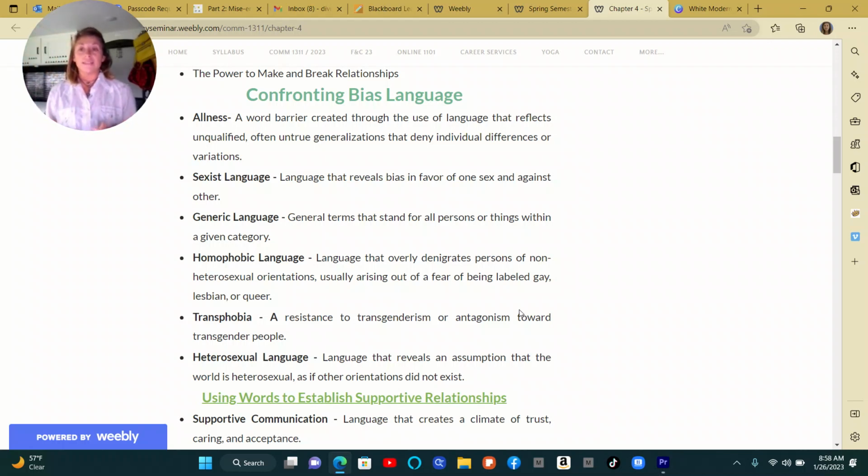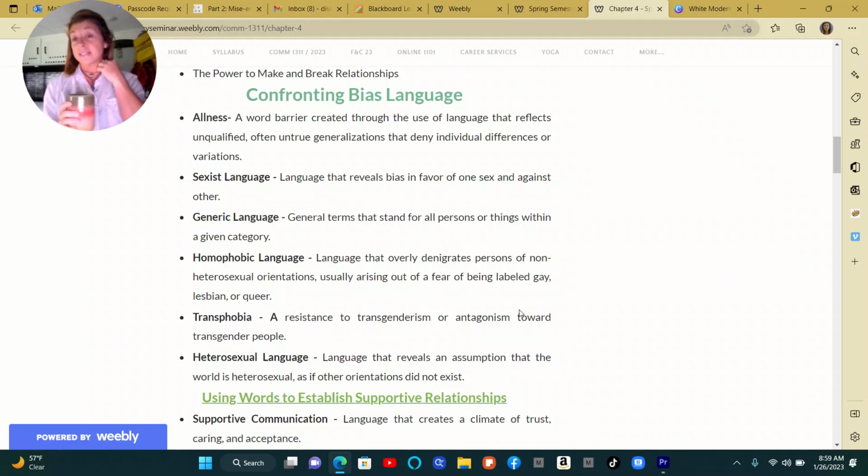So allness is a word barrier created through the use of language that reflects unqualified, often untrue generalizations that deny individual differences or variations. So there's an allness to the concept, and people just assume that allness is what it is. It creates an all-inclusive way of using the word.